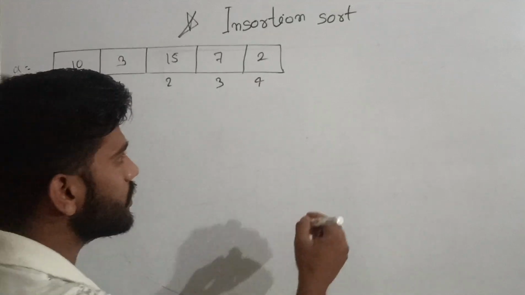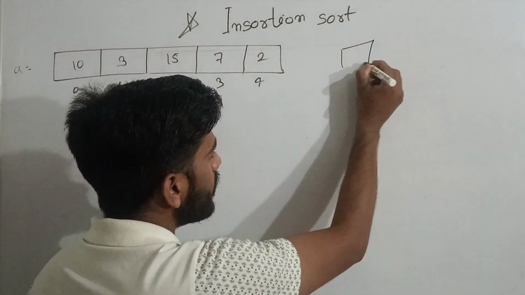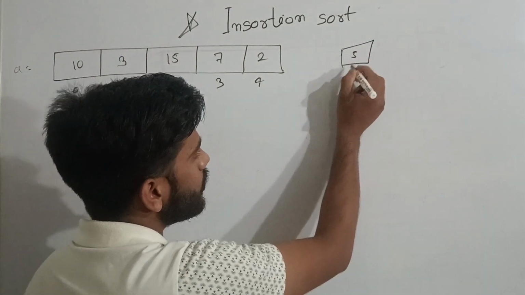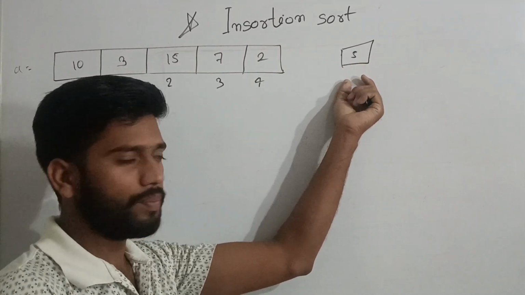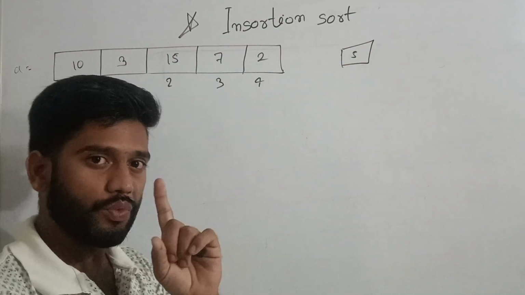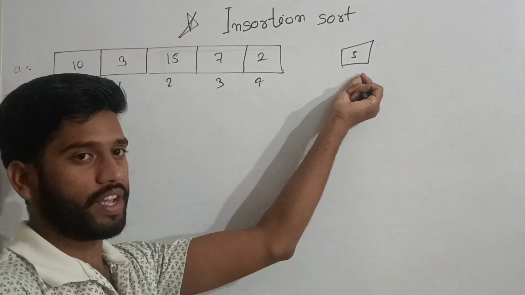If there is only one element, then it is a sorted array.